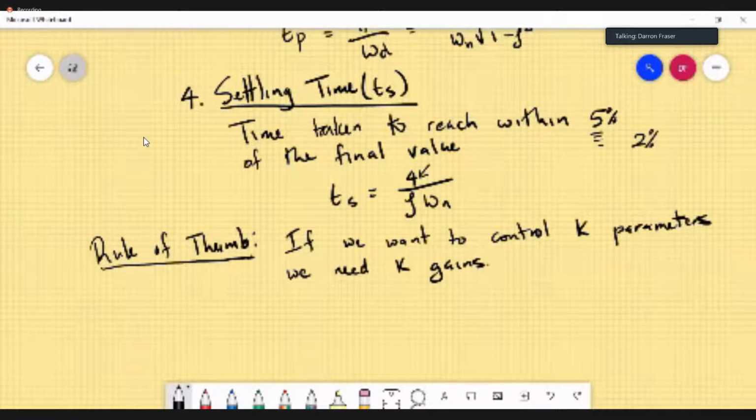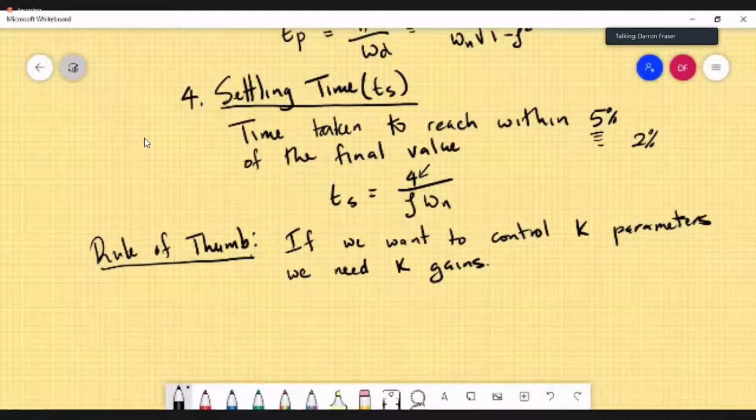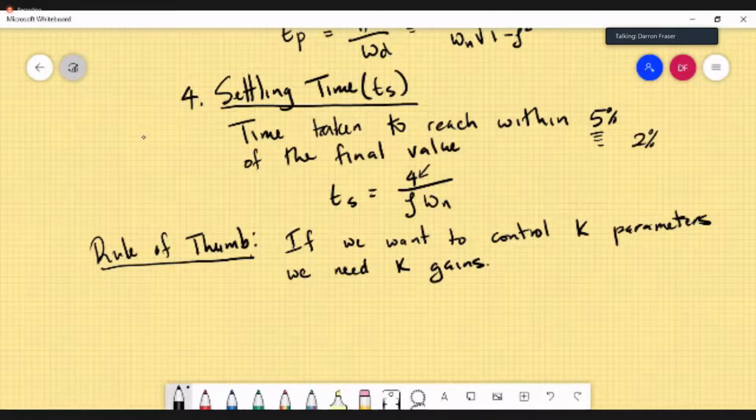In other words, suppose we want to control two things, peak overshoot and settling time, then we need two gains. If we want to control peak overshoot, settling time and peak time, three things, then we need three gains. It's not a rule that must be followed, but if we're using pole placement, that is something we need to bear in mind.